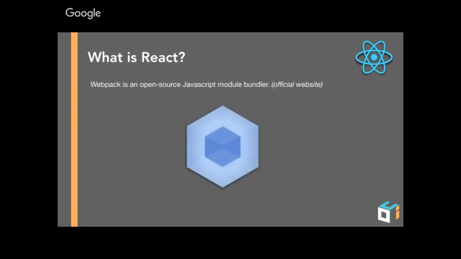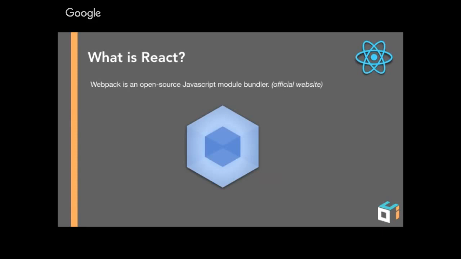And Webpack is sort of the superhero of the story. Webpack is what's going to take our React code or our ES6 code and run them through whatever sort of processors they need in order to be consumed by the browser.